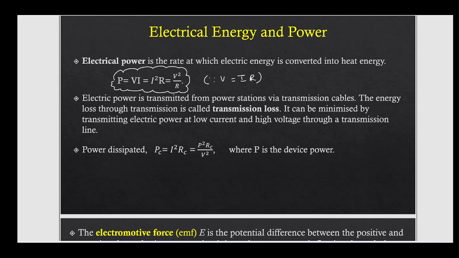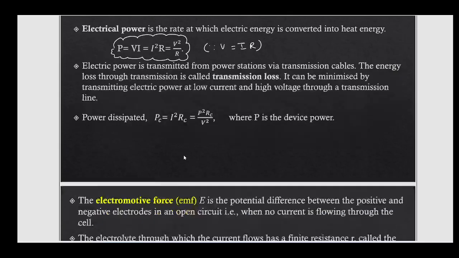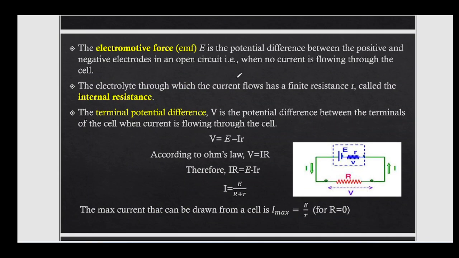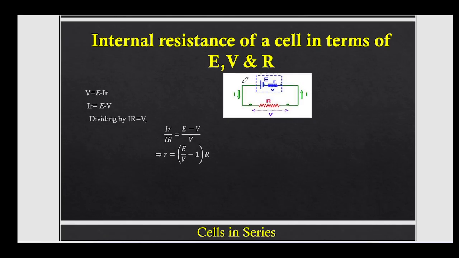Okay, then we have the relation between terminal potential difference V, EMF E and IR. So that is given here also. V is equal to E minus Ir, where V is the potential difference that is given by capital I into R. So you can equate these two equations. Let's consider this is equation number 1 and this is equation number 2.